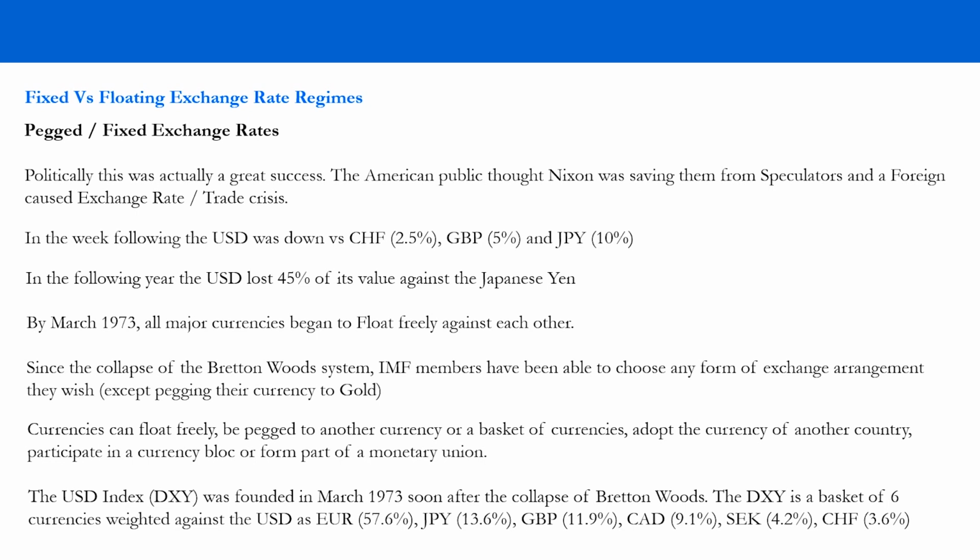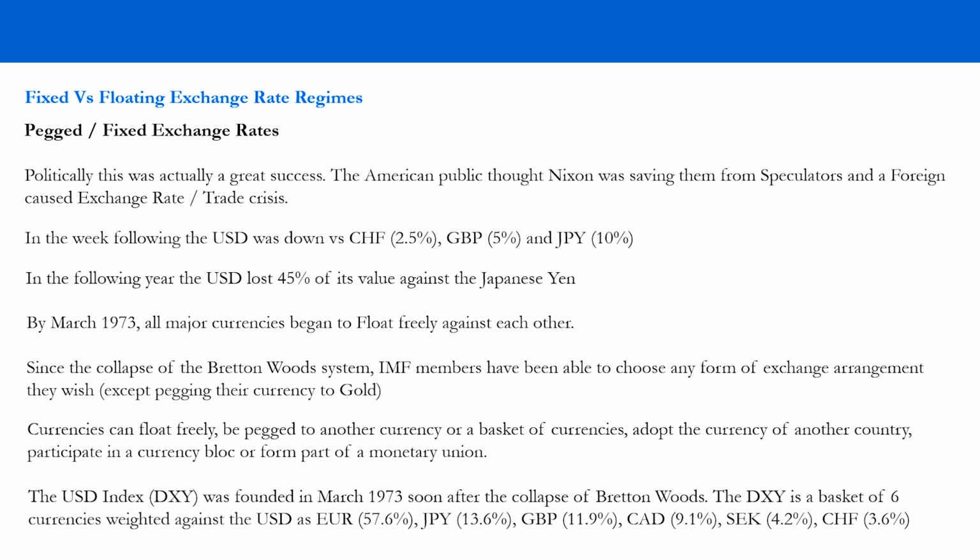So currencies now can basically float freely, can be pegged to another currency or basket of currencies, or adopt the currency of another country. So countries can actually decide to adopt another country's currency and can participate in a currency bloc or form part of a monetary union, such as the euro, for example.